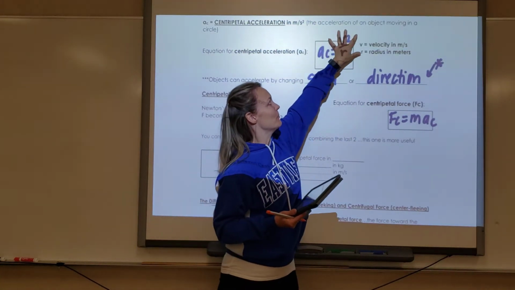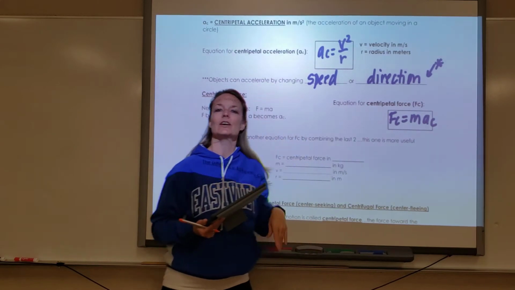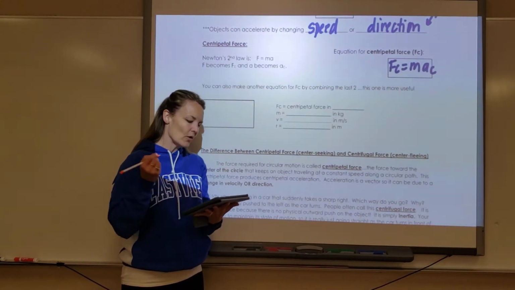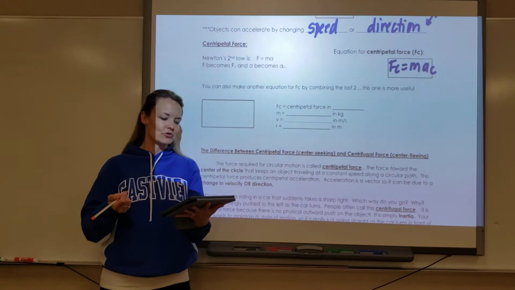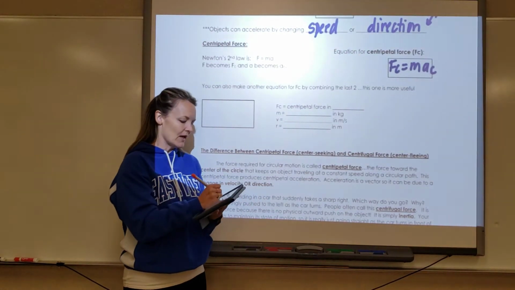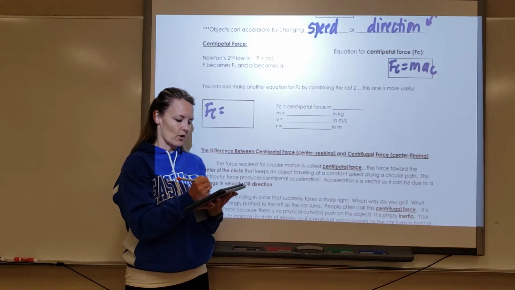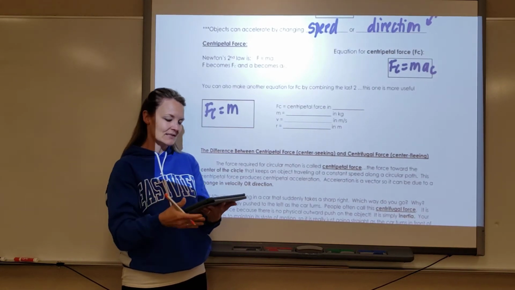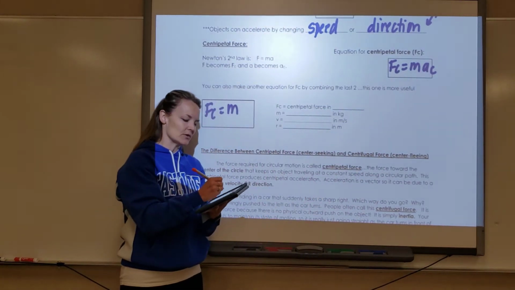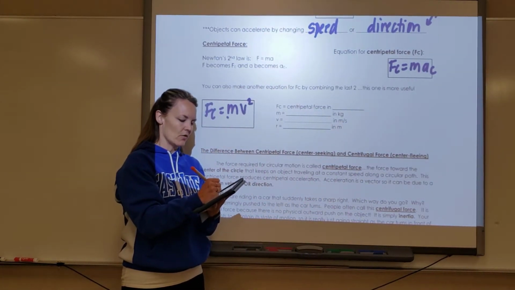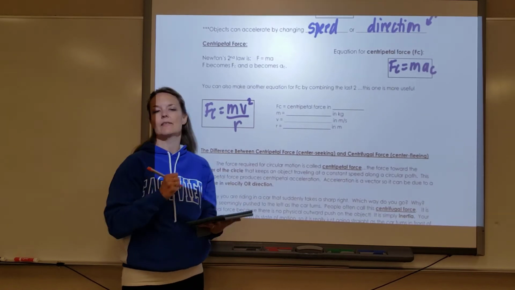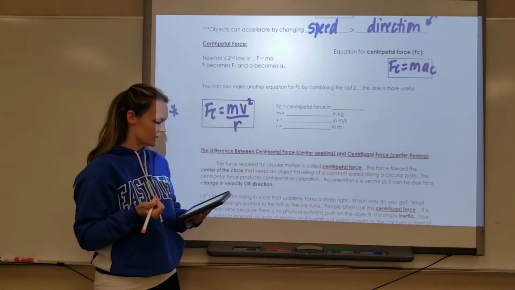But if we dump what a_c is equal to into the actual equation, we can do it in one step. So here's a second equation for centripetal force that just combines the two, making it more useful. F_c, centripetal force, is equal to mass, and then in place of a_c, we take what it's equal to, v squared over r. All right, this is the equation that we will use more often than others.